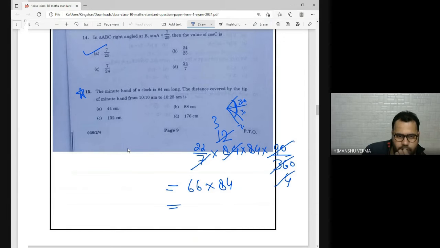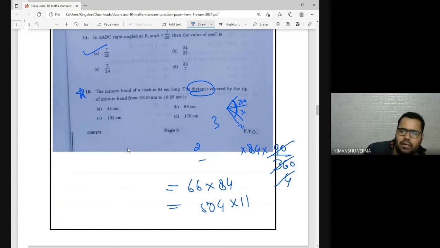So let's say 6 4s are 24, 6 8s are 48. Why is the answer so big? Okay, it is simply asking the distance, not the area. Now we are getting it wrong.